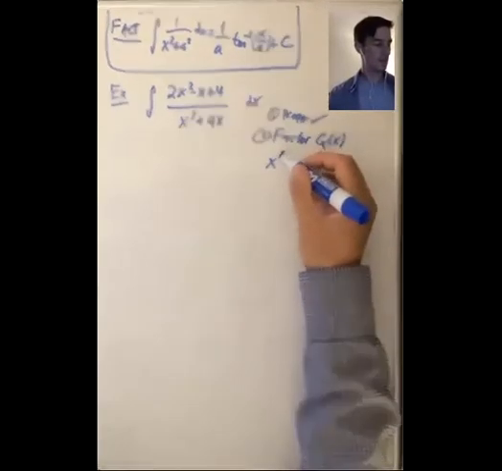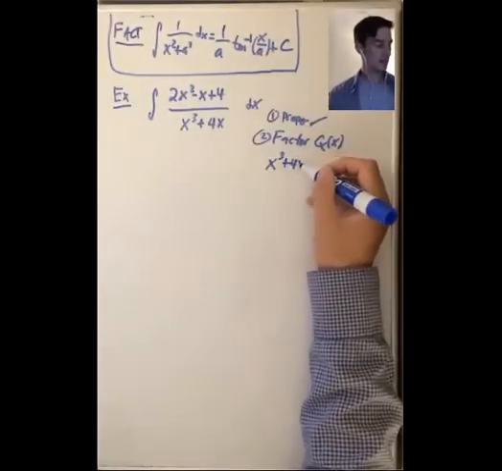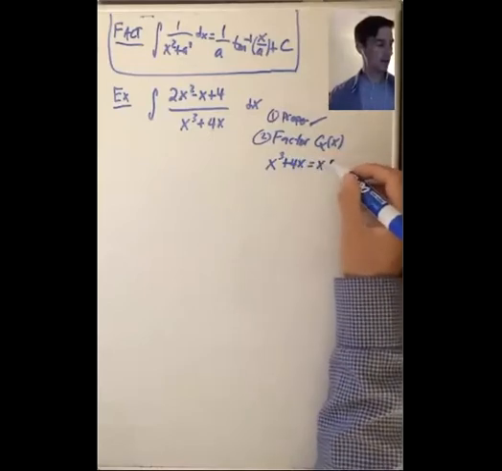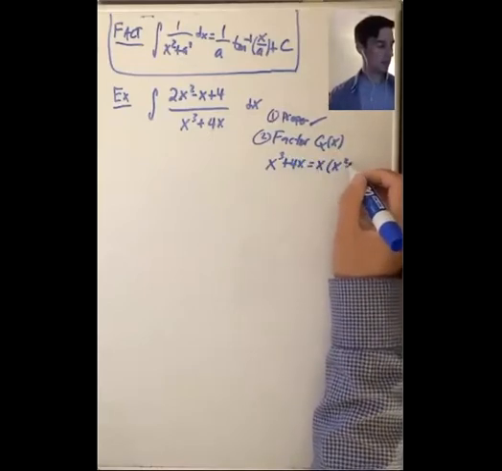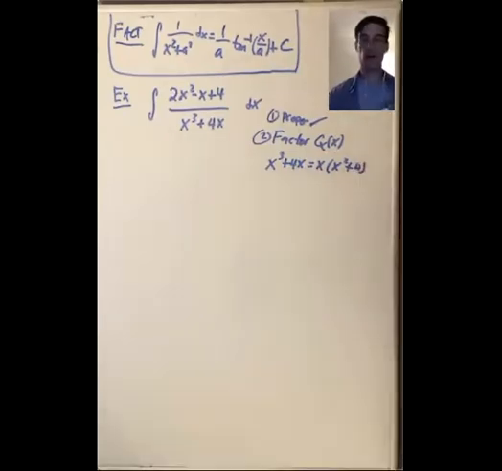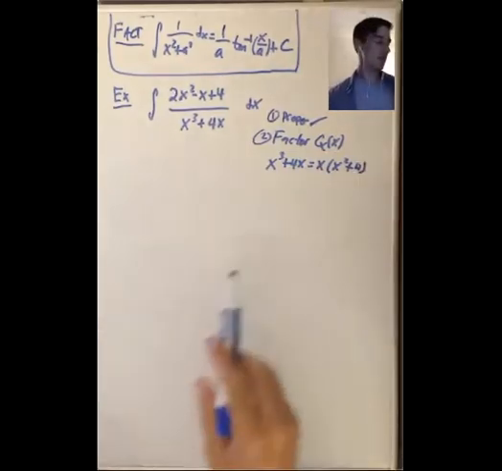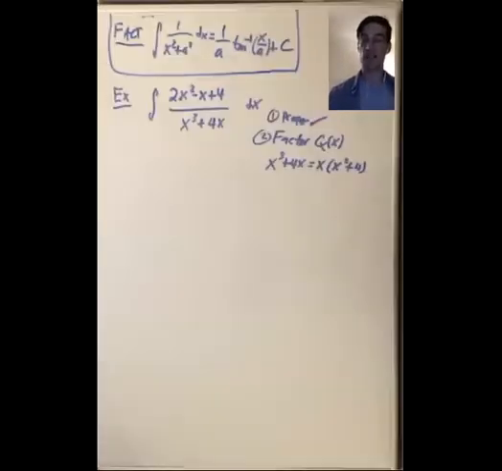Well, this is not so bad. We have a factor of x, and then we have x squared plus 4, which we know is irreducible. Anything that is x squared plus a positive number has to be irreducible because if you apply the quadratic formula or something, you would see that the roots of that polynomial are imaginary.